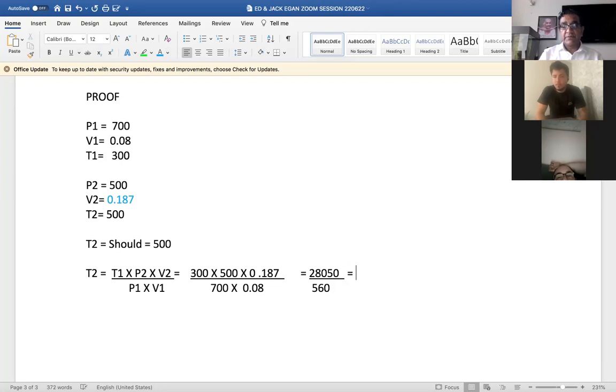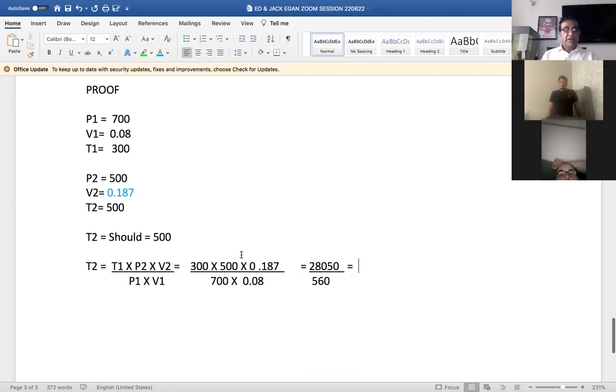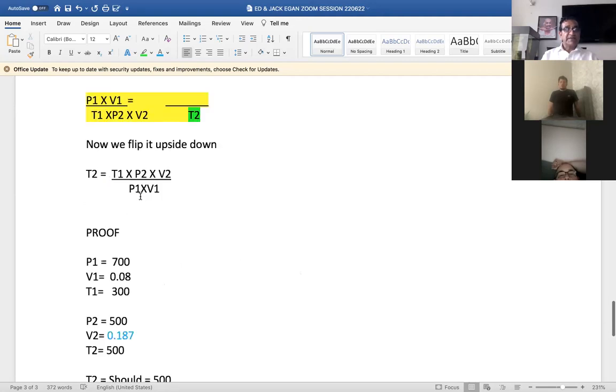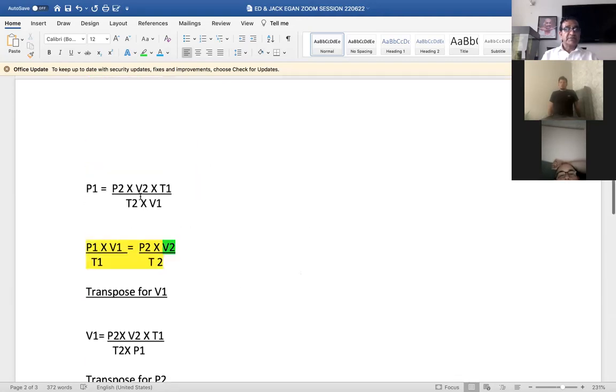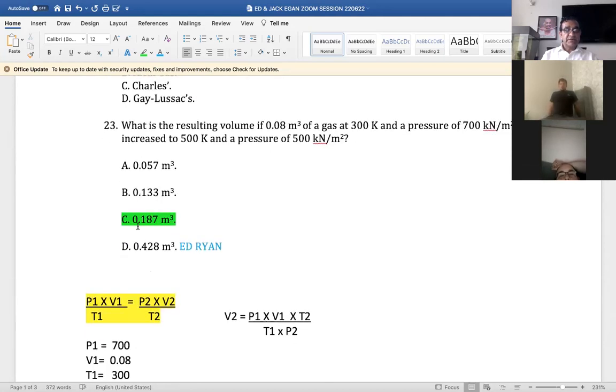So doing the maths on the calculator, 28050 divided by 560 equals 50. That's not what it ought to be. I've dropped a zero somewhere. Let's have a look. Was that 0.87 or 0.187? No, that's fine, I'm happy with that.